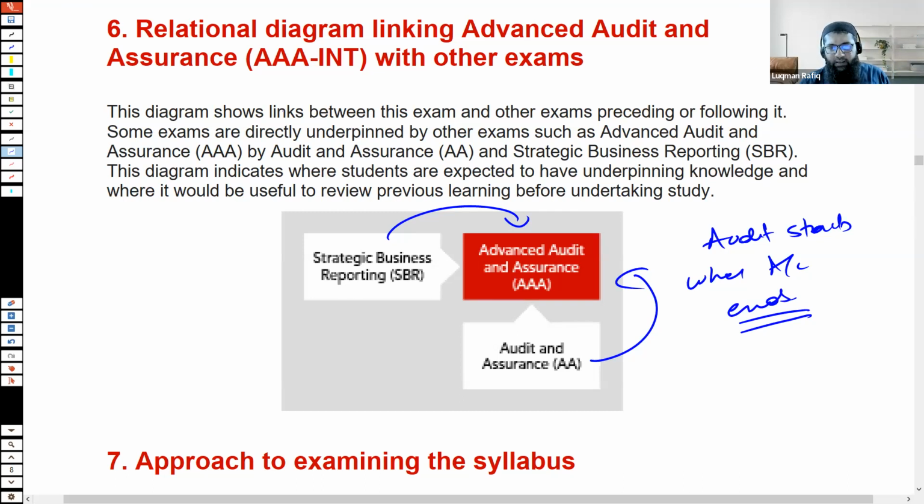Because when you go for the SBR first, you actually get to know the accounting standards well. And when you know the accounting standards well, this helps you understand the implications that those accounting standards will have on a company's financial statements.